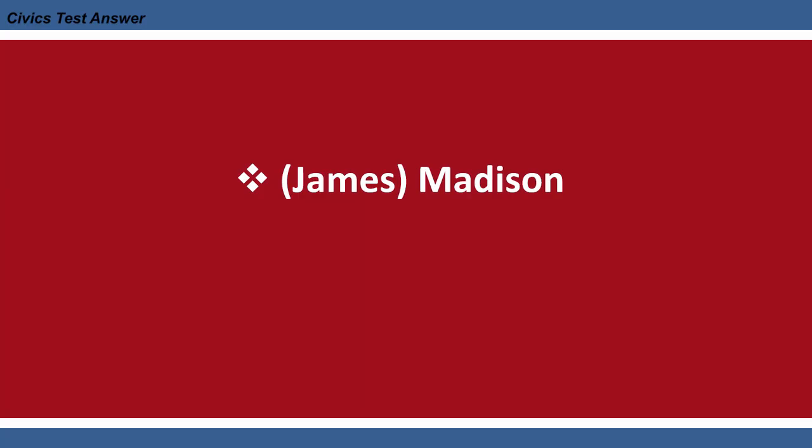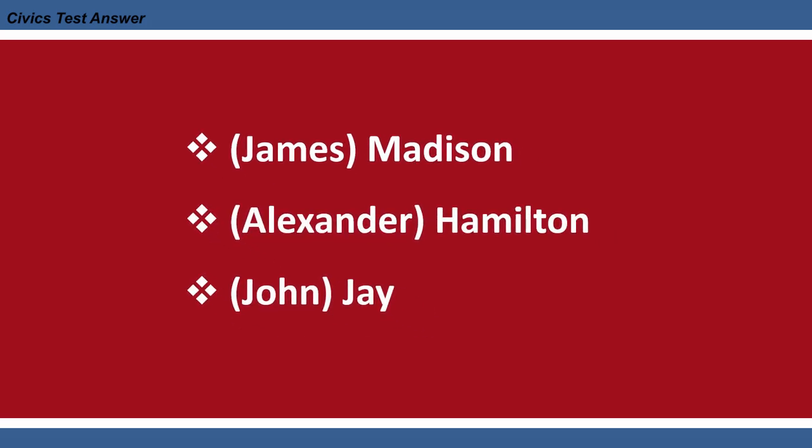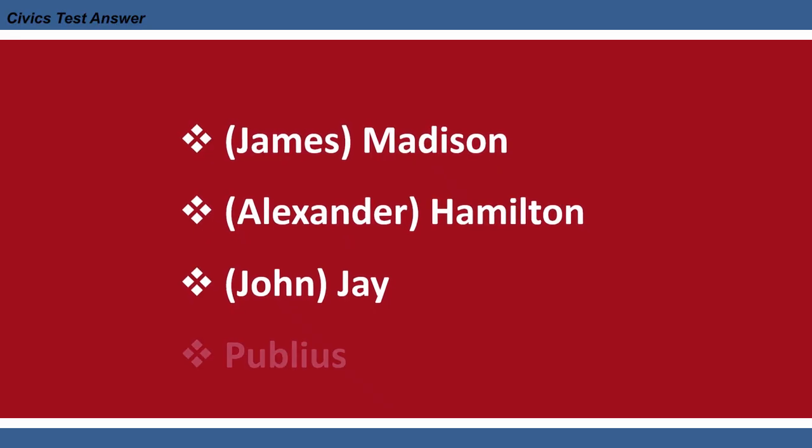James Madison not only helped write the Constitution, but he was also one of the writers of the Federalist Papers, which argued for the ratification of the Constitution by Americans in the 13 original states. The other two writers of the Federalist Papers were Alexander Hamilton and John Jay. All three Federalist Papers writers used the pen name Publius.